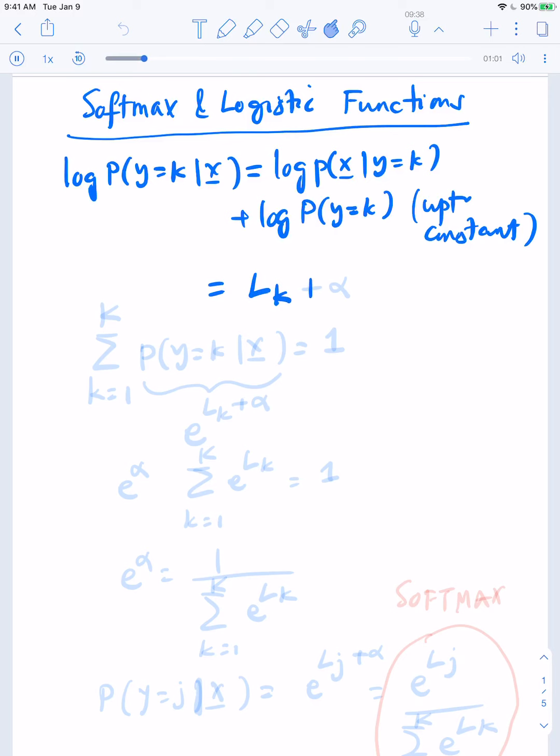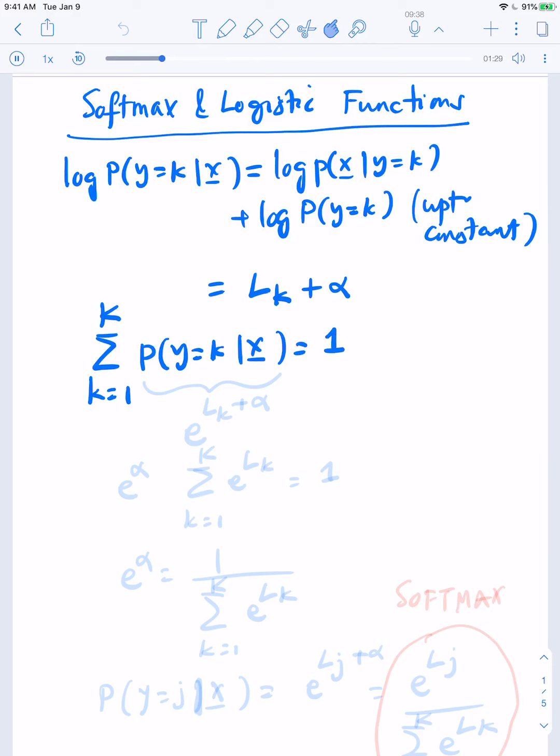So basically, let me say that I'll look at all the constants I've dropped and model them by some alpha. Obviously, the constants I drop are independent of k, and so that's why alpha is independent of k, and that's super important. And note also that these posterior probabilities have to sum to 1. So this has to be equal to 1.